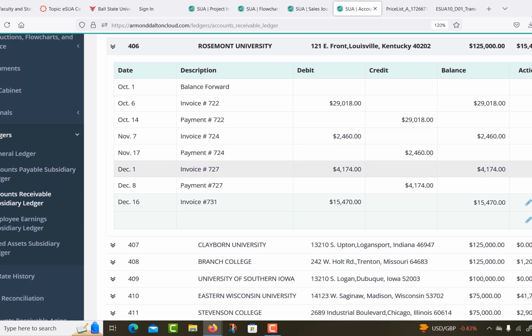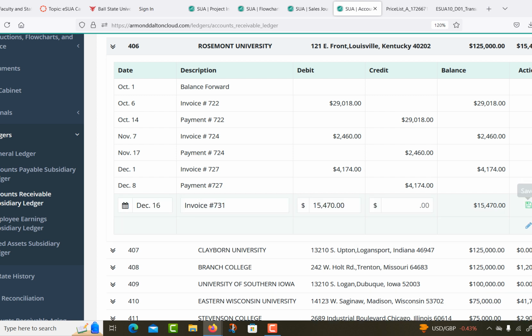This is their individual ledger. Now in yours, it's going to be blank, so you click on this to edit, and you put in the date, the invoice number, and the amount as a debit, and it will automatically add this balance in, and it's, in my case, 15,470. And when I'm finished with that, satisfied, I click save.